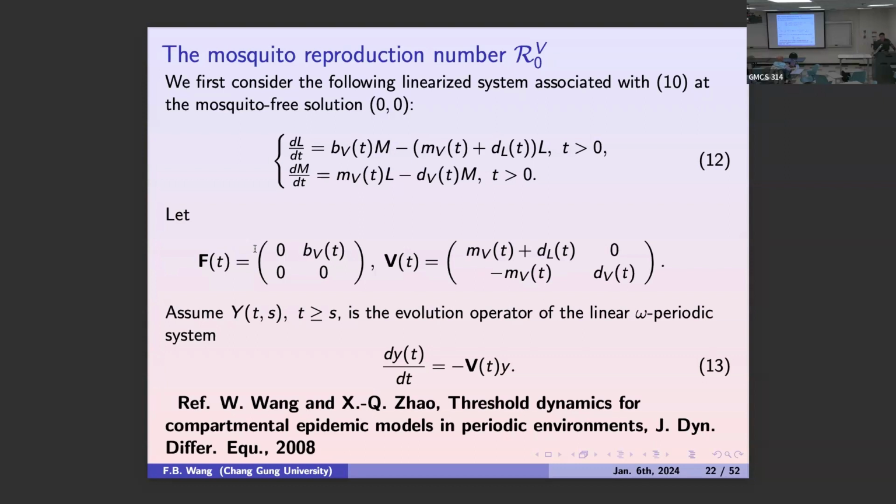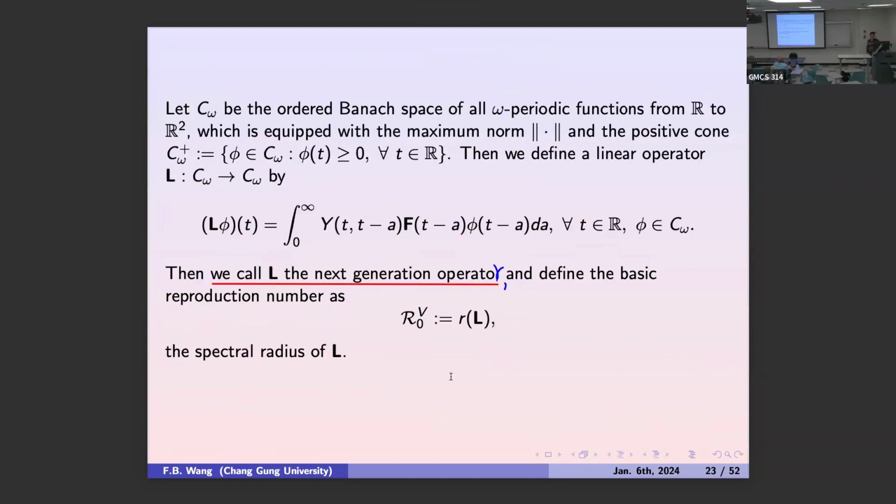Now we assume Y(t,s) is the so-called evolution operator associated with this linear system. Then we can define the so-called next generation operator. Roughly speaking, I assume phi is the initial state. Then this term represents the new infection. After the new infection, we can have some internal evolution.